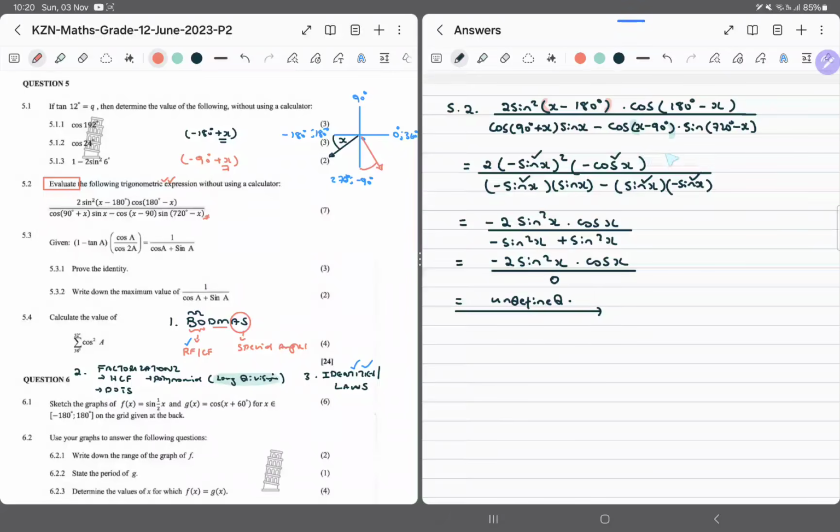Okay. So we've got 5 marks. And what else do we have? Wait, 1, 2, 3, 4, 5. Okay. So this is 6, knowing that that would be 0, and interpreting that would be easy there. Easy 7 marks. Okay, very nice.